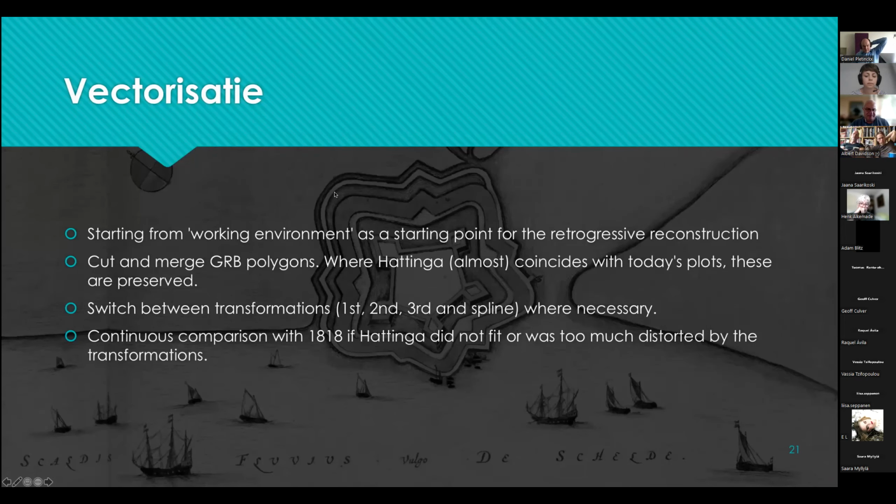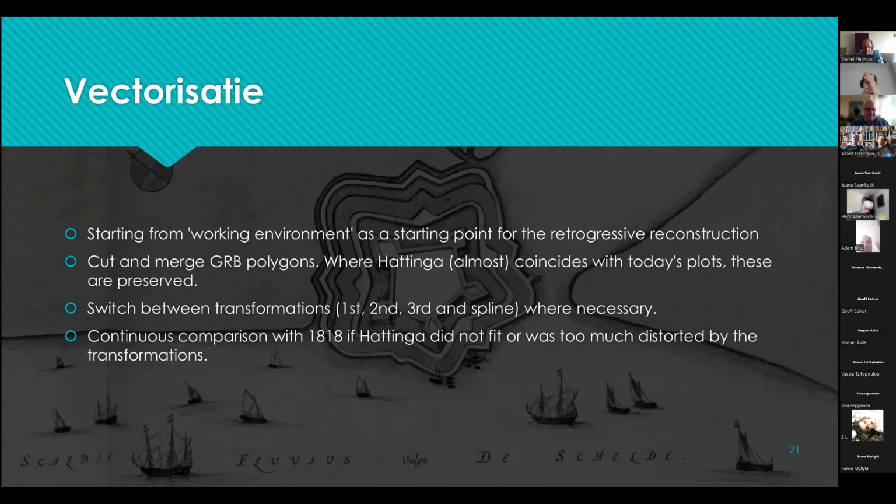Okay, so this is the working environment that the Department of City History, Urban History in the University of Antwerp has made. And in fact, from that, what we have tried to find out is what information do we have on the type of buildings, so that we got information on the reconstruction.